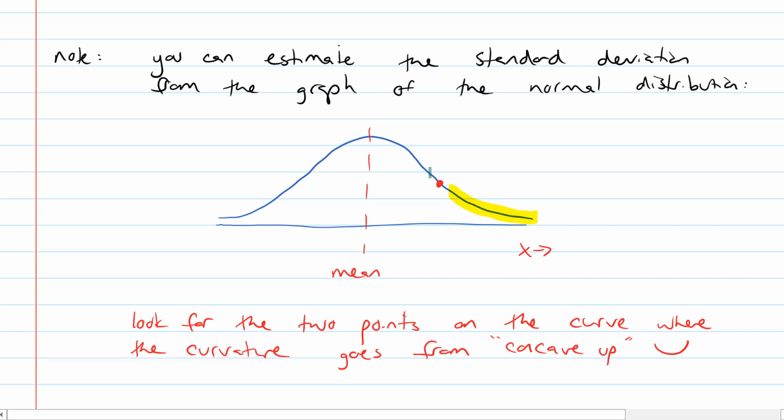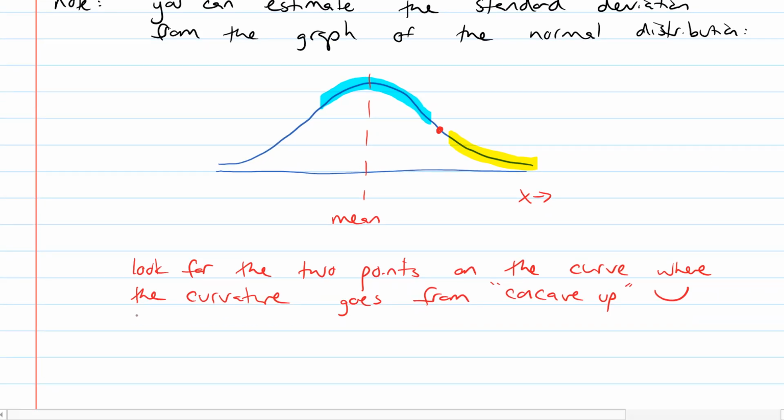And then it changes at that point to concave down, where if you tried to put water in it, it would simply run out. So it goes from happy face to frowny face.